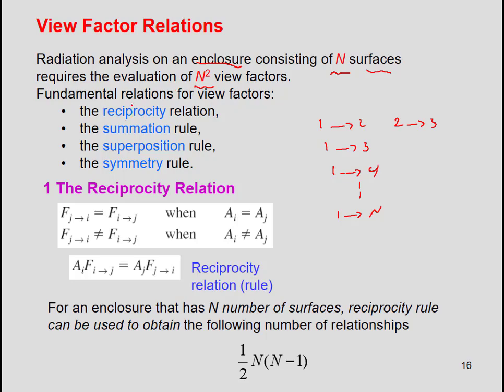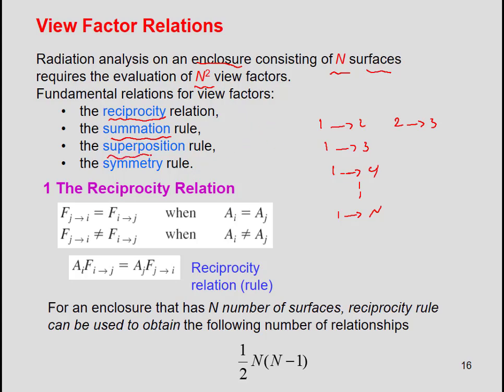And we will use some fundamental relations or rules to find these view factors for such enclosures. We will use the reciprocity relation, which we have already seen. We'll use the summation rule, how we can sum different view factors for different geometries.